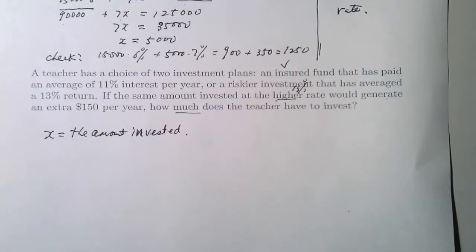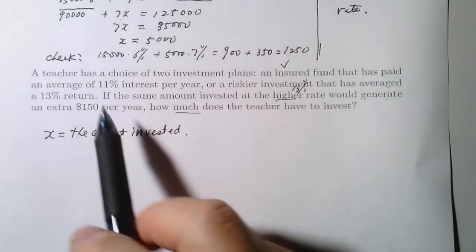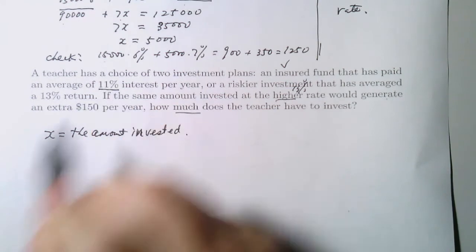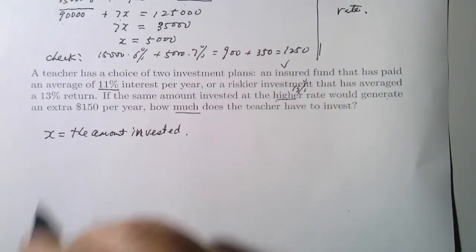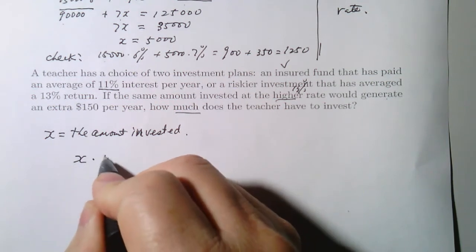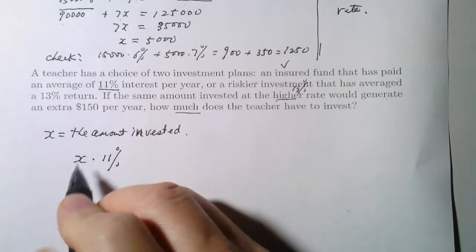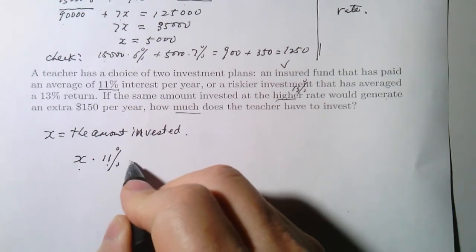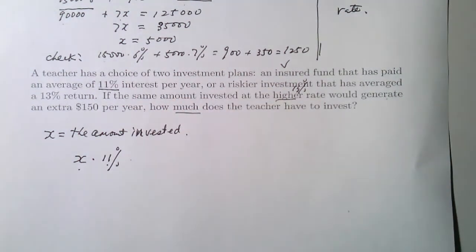Same as before, we look at the interest each account makes. From the 11% account, the interest made is going to be x times 11%. That's the principal times interest times the year, times 1 year, so we don't need to write 1 there.